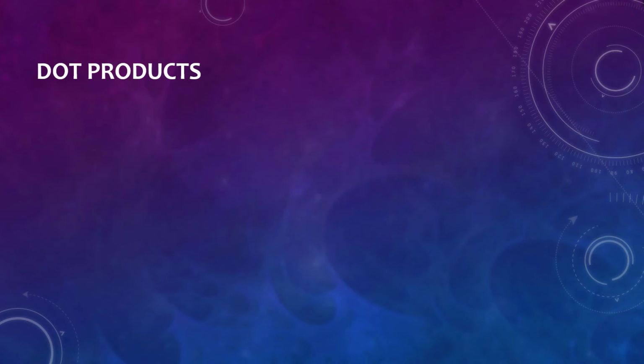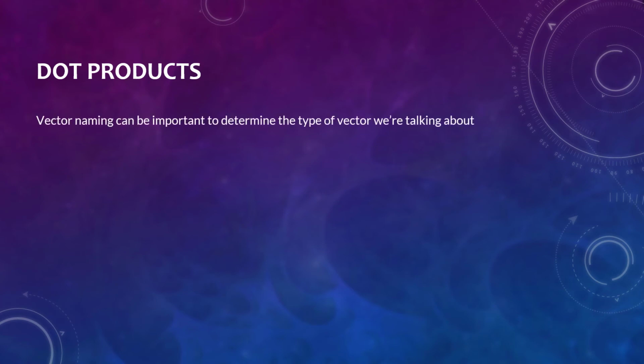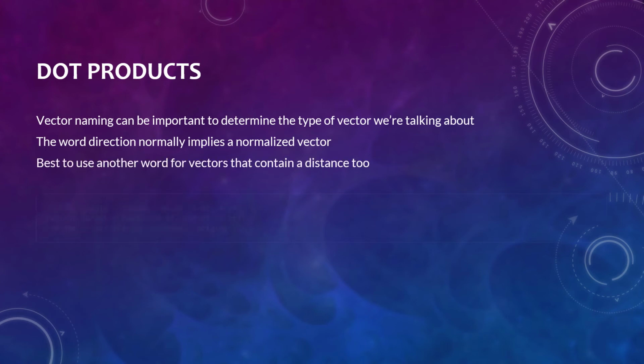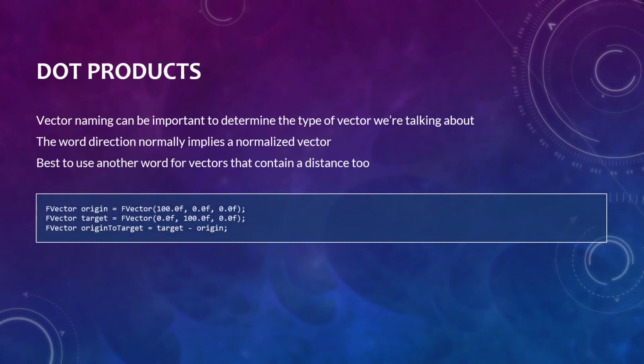Often when talking about directions in general though, it's tacitly understood that we're talking about normalized vectors describing a direction. For direction vectors with distance held in their length or size, I normally name them quite explicitly like this. So the naming of origin to target I hope makes it obvious what it is, not just assumed to be normalized in this case.